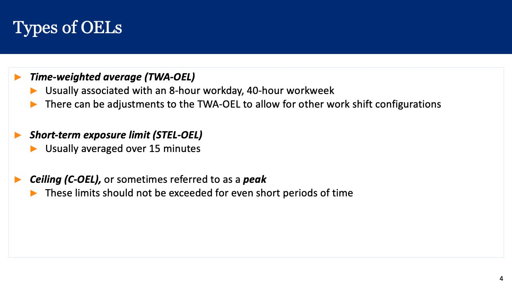The second kind is called a short-term exposure limit, or a STEL, and it is usually averaged over 15 minutes. And as you can possibly guess, this is for protecting workers from agents that might cause an immediate effect or an effect after just a matter of a few minutes. So these are not for chronic effects, but acute health effects.